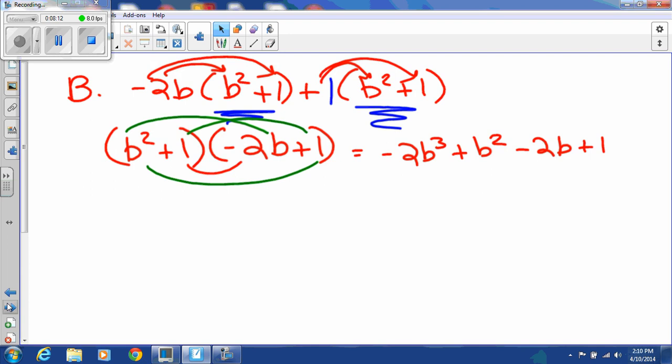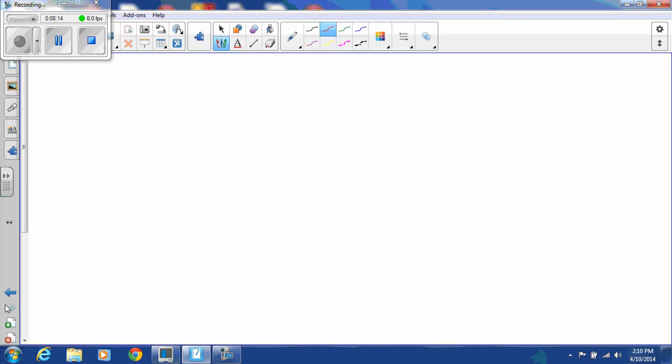Next, we'll look at factoring by grouping. This is our fourth level of example. Factoring by grouping is a good technique to use when you have 4 terms.